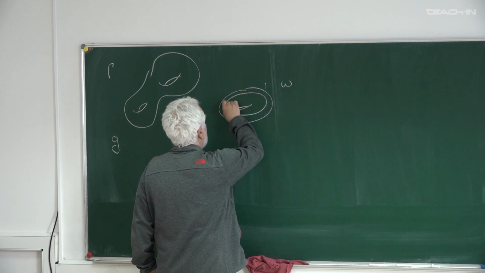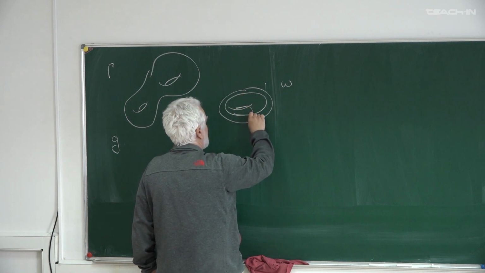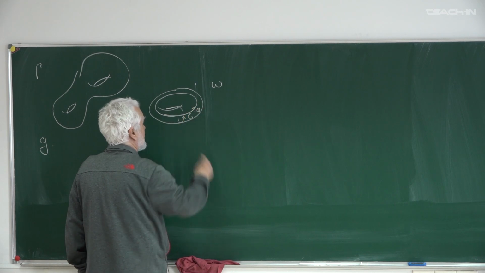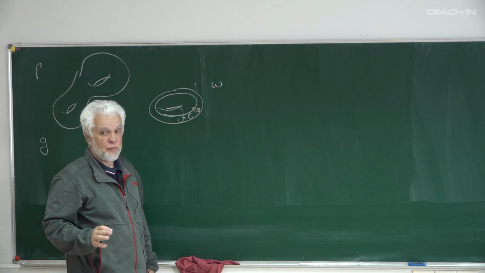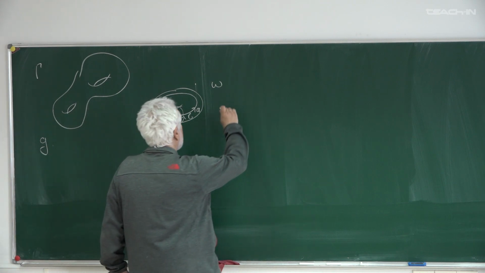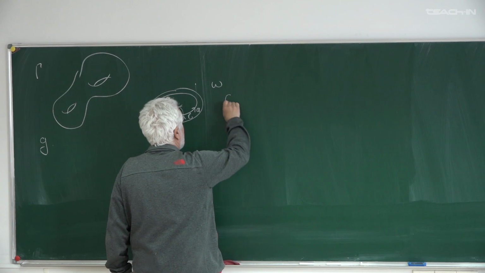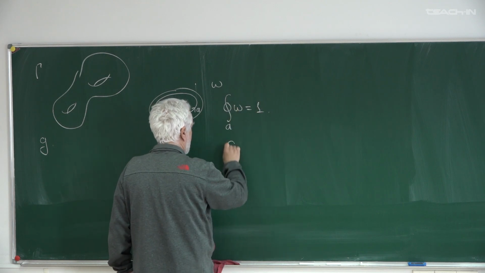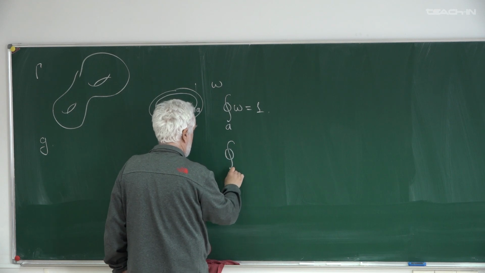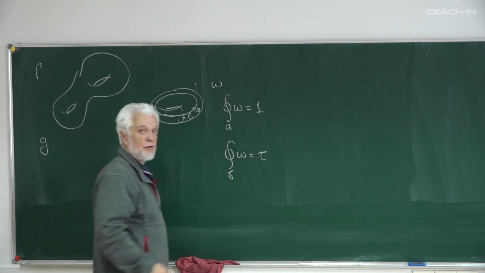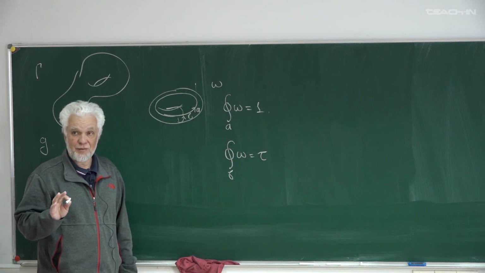We have two basic cycles, A and B. Therefore, we can normalize omega by assuming the integral over A of omega equals 1, and the integral over B equals what is denoted by tau. Tau is a complex number.